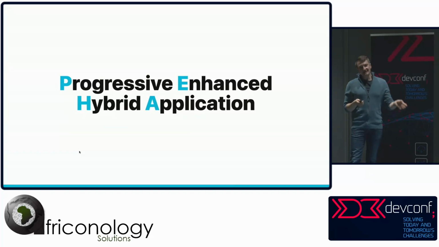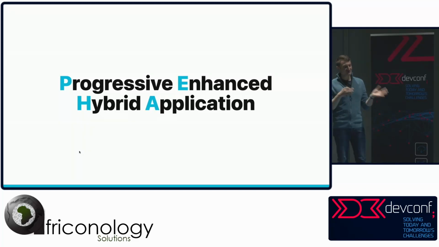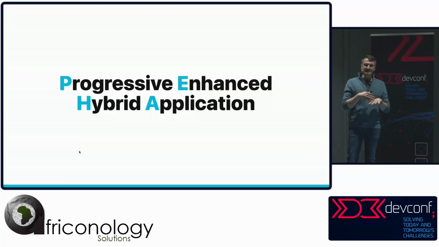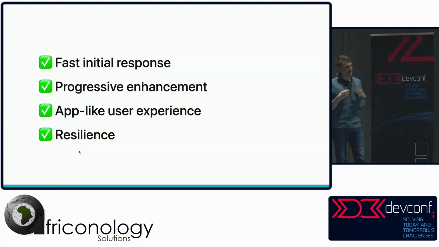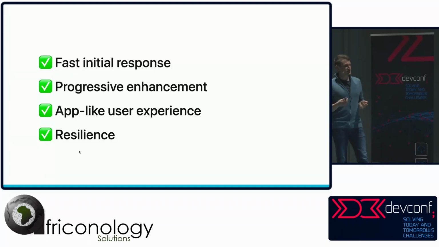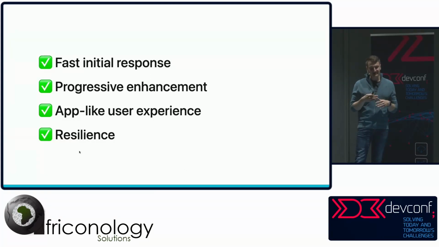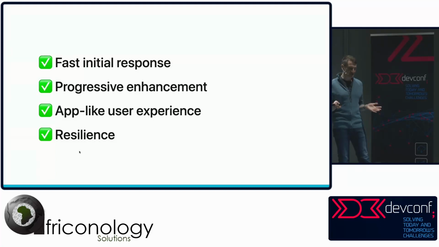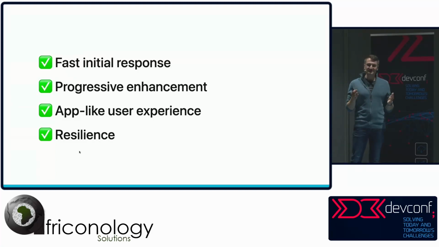So instead of building multi-page applications or single-page applications that either run on the server side or on the client side, we can mix it. And by doing that, we can get all of the benefits, so we can eat the cake and have it too, basically. We can get fast initial response times, we can get progressive enhancement, so everything still works even if our client-side code breaks, at least for some of our users.